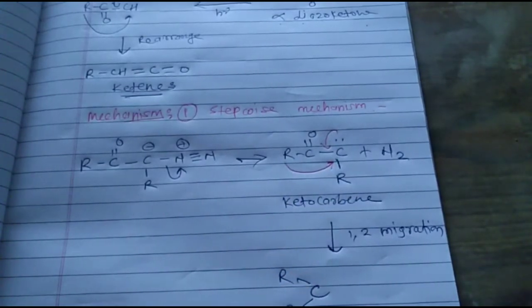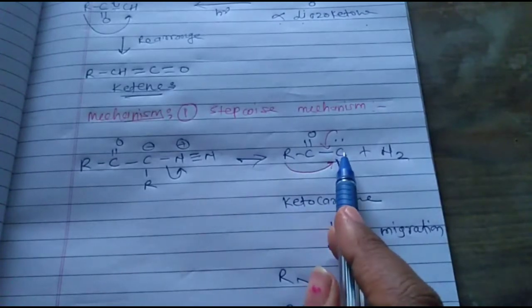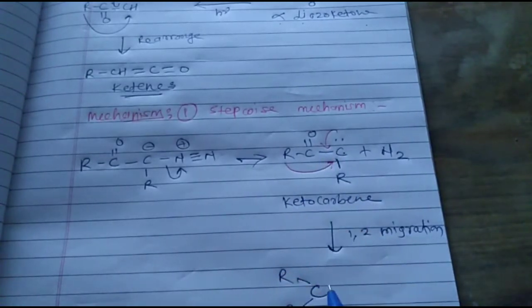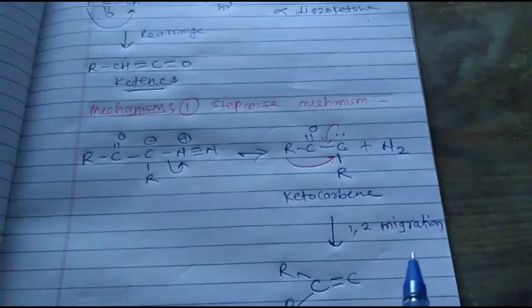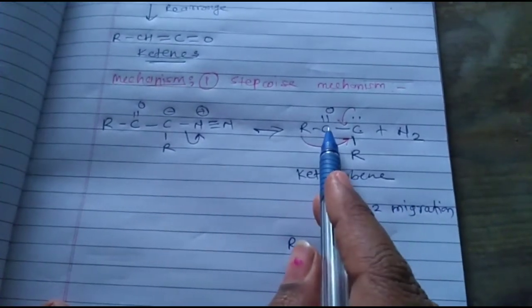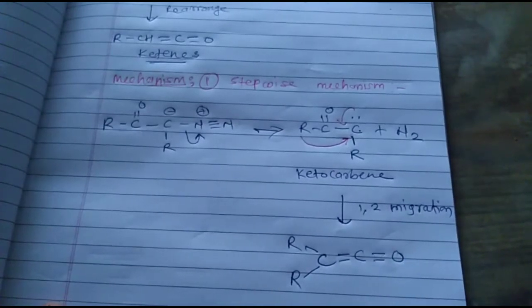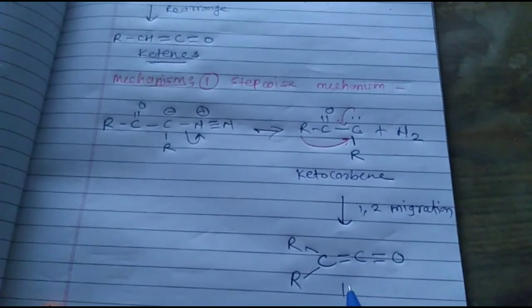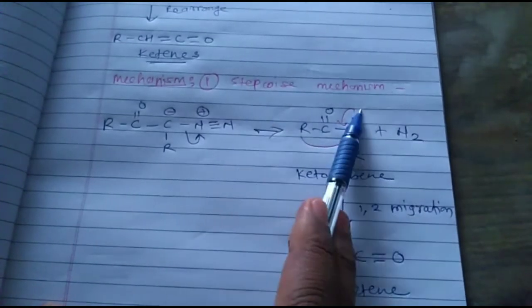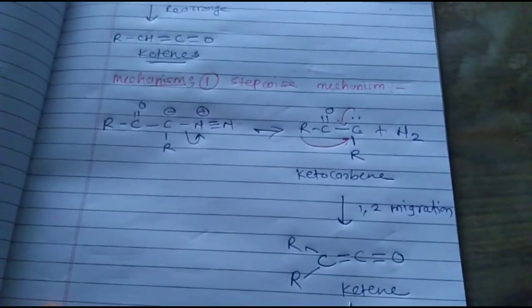Then this carbon forms a double bond with another carbon, and this carbon is also double bonded to oxygen. Okay, this is called a ketene. This is the stepwise mechanism of the formation of the ketene.